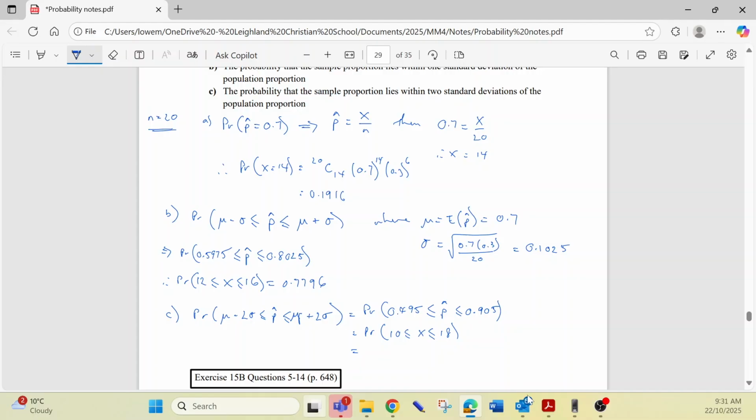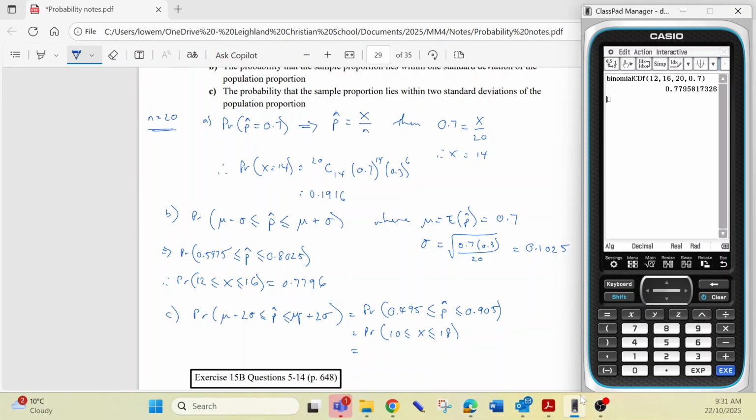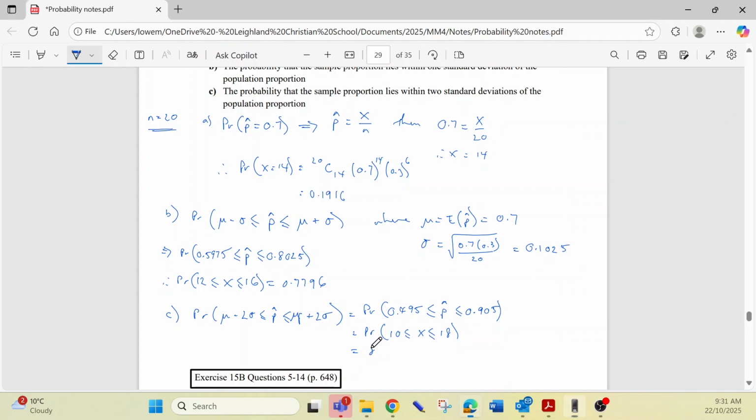Using our binomial distribution again, I'll change that to a 10 and that to an 18, and we get 0.975. Okay, so those are those values.